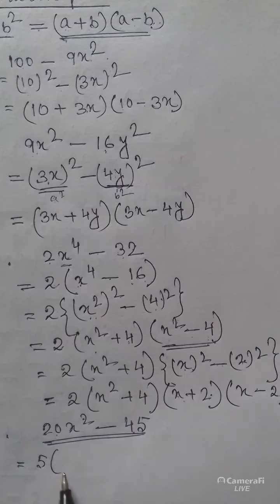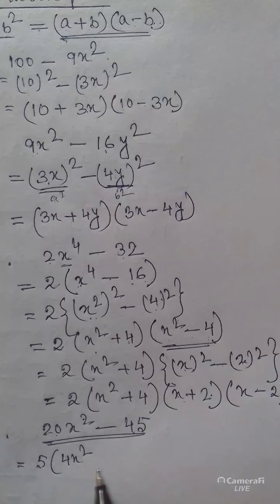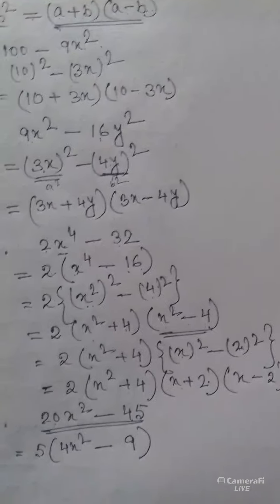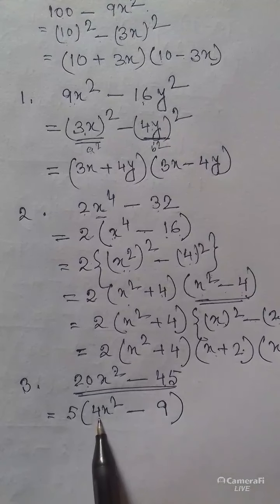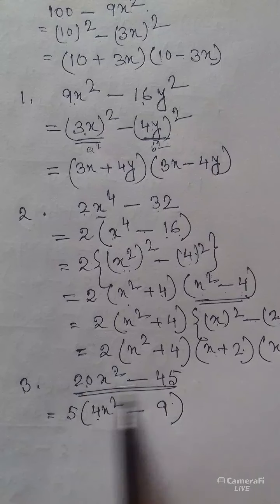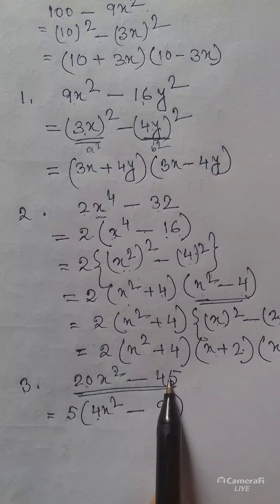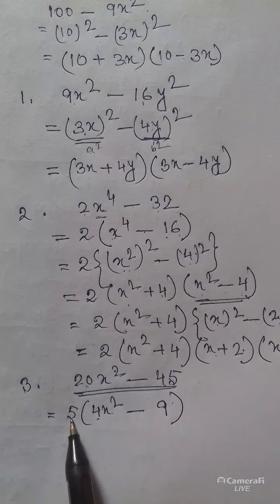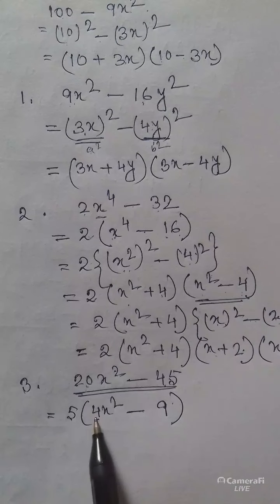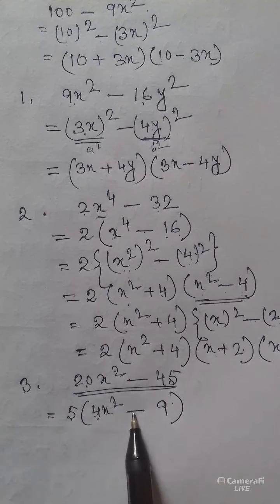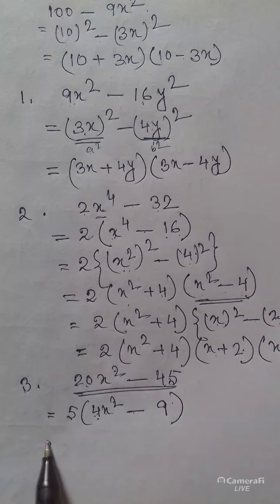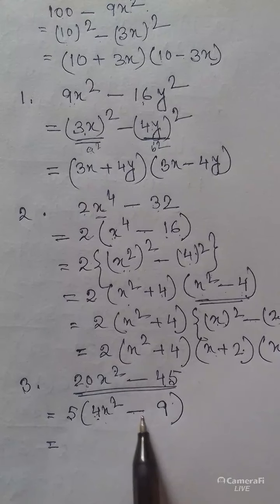So 5 common, 4x square left, minus 9, since 5 times 9 is 45. 5 times 4 is 20, so 4x square minus 9. Then it is again a square minus b square.